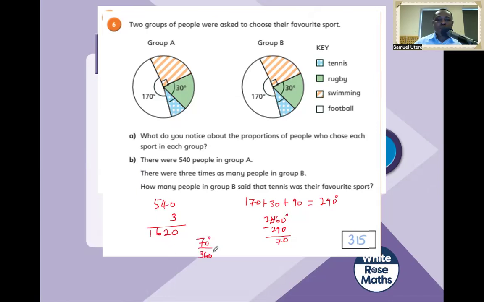All right. Now, we do this and we multiply that by 1,620. We use our calculator to work this out.